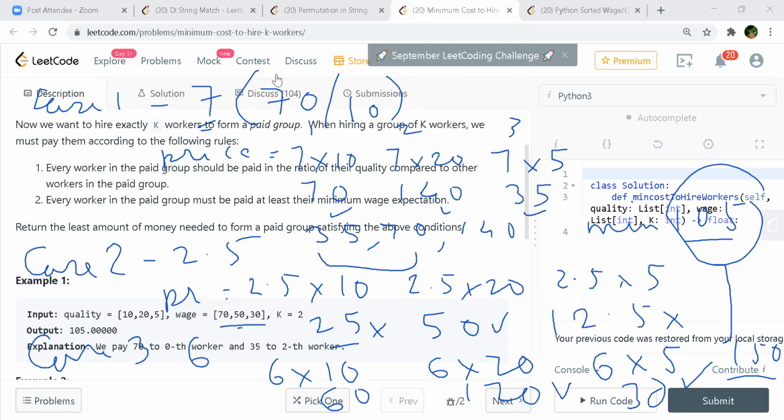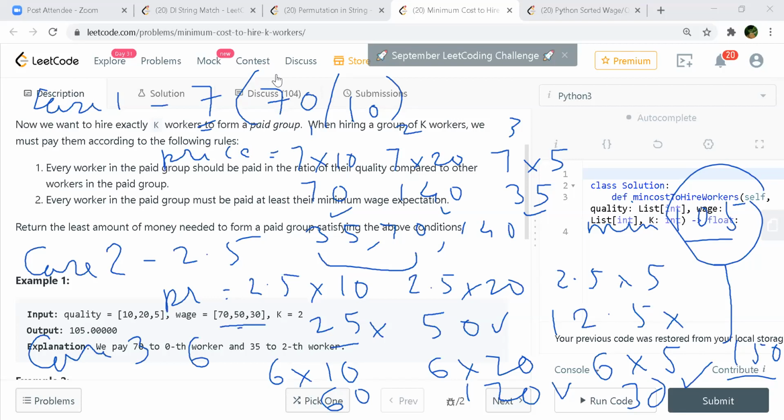So in that case, the minimums would have been 35 and 40. No, 40 you can't take because the first worker is just 50. I'm just saying as an example, the hypothesis. Okay, so we would have to remove the first element, like the first worker that we have chosen for the ratio part. Right.